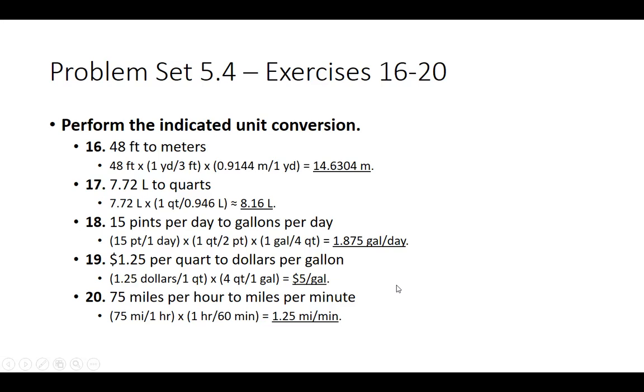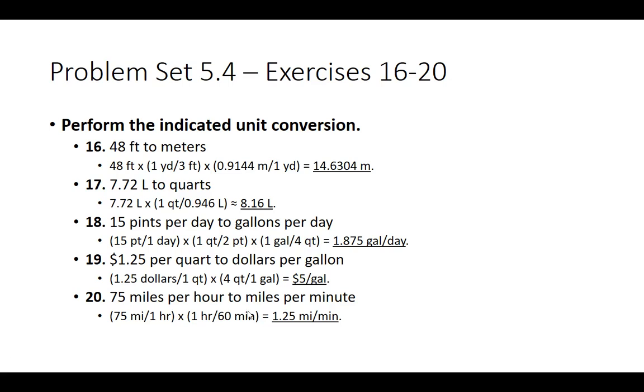Number 20, 75 miles per hour to miles per minute. We're starting with 75 miles over 1 hour. We're keeping miles as the units on top, so we're never going to cancel with miles on the bottom, but we do need to change hours on the bottom to minutes on the bottom. So we're going to cancel with hours on top, minutes on the bottom.